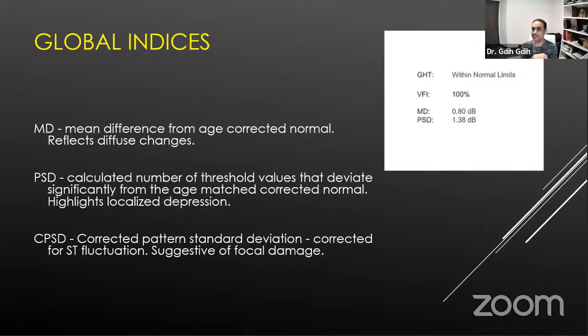There's no focal loss, the whole thing is bad. Then the PSD will improve because it's designed that way. It will give you a bad number if it sees a localized lesion. But if that localized lesion continues to progress and the whole thing becomes bad, it will give you a better number. So that's why we need to correct that.